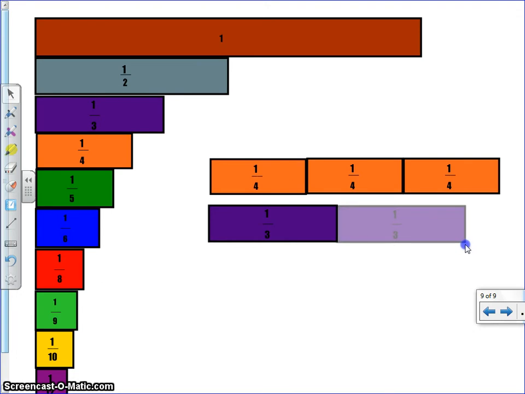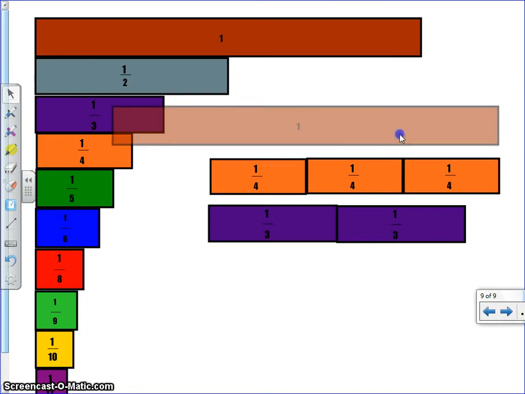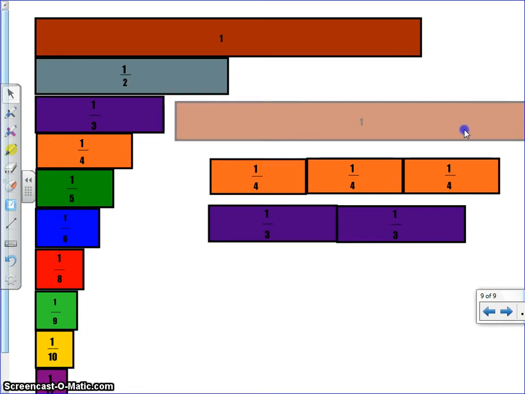Now again, these are pretty close, but you can still see that I have 3/4 are longer with my fraction strips. If I even want to bring this up and match it up to 1/2, okay, then I could see that 3/4 is going to be closer to 1/2 than 2/3. So therefore 3/4 is bigger.